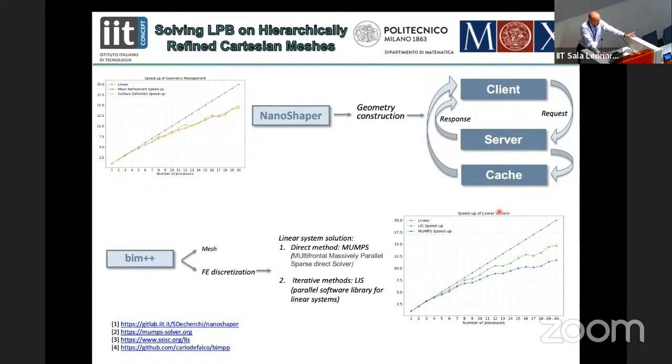We then analyzed the scaling with respect to the number of processors by using different solving approaches. One is a direct method, and the other one uses a number of iterative methods. And we are, let's say, trying to get our best option among all of them.